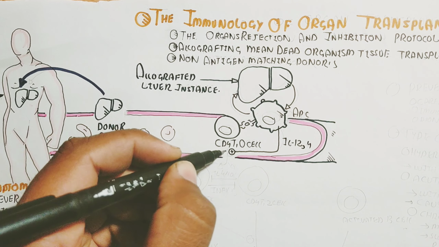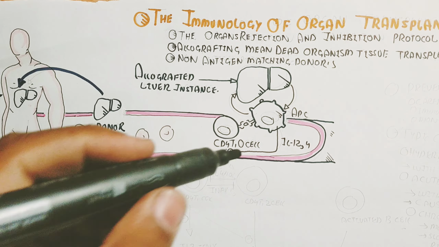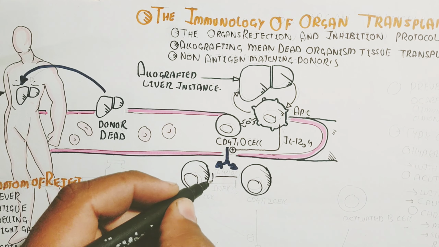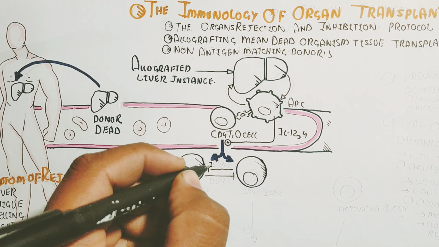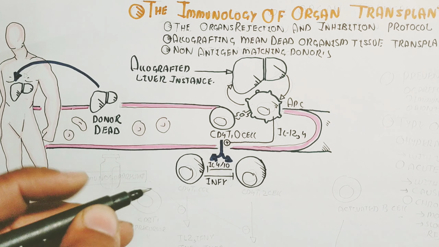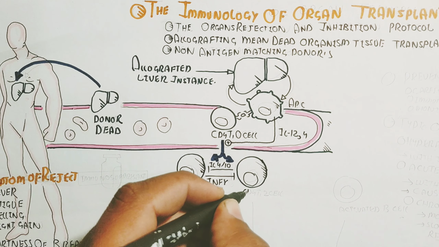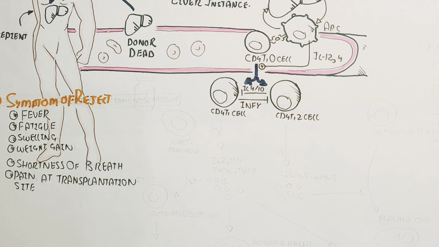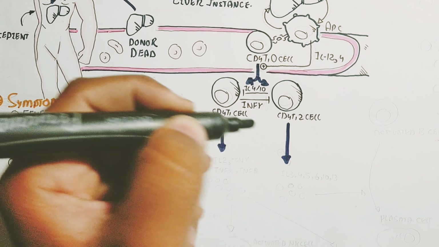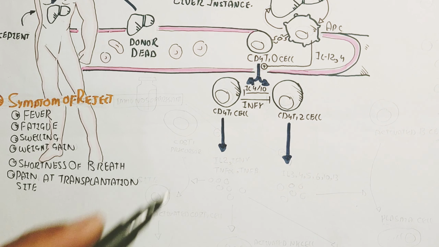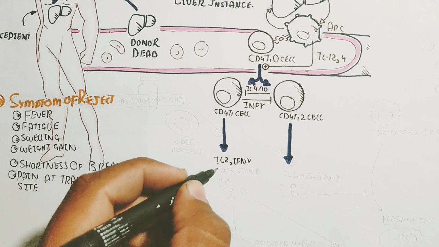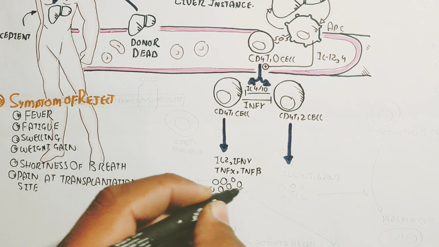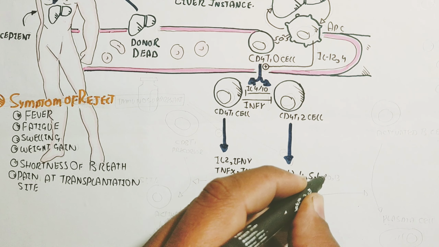It will produce interleukin 12 and 4, and the CD4 Th0 cell will proliferate by detection through the antigen presenting cell and recruitment through interleukin 12 and 4. The CD4 Th0 cell will convert into the CD4 Th1 cell and the CD4 Th2 cell, interconnected through interferon-gamma recruitment and interleukin 4 and 10.